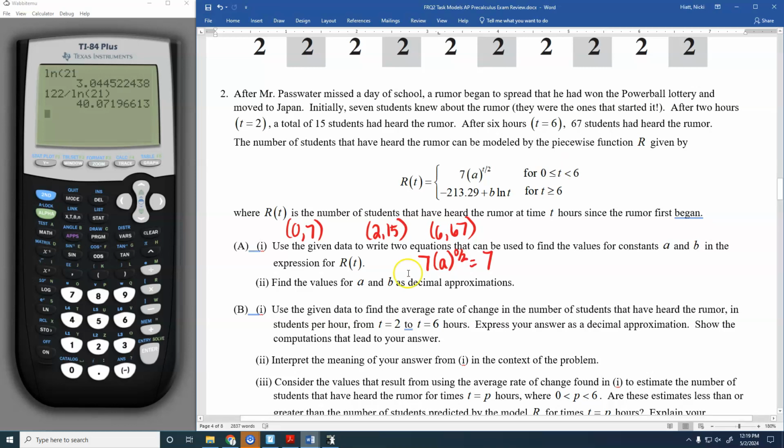I'm just plugging in that 0 for the t there, and it's equal to R of t. Which equation do I use for the 2, 15? Top or bottom? Also the top, because 2 is between 0 and 6, right? So I'm going to do 7 times a to the 2 divided by 2 equals 15.